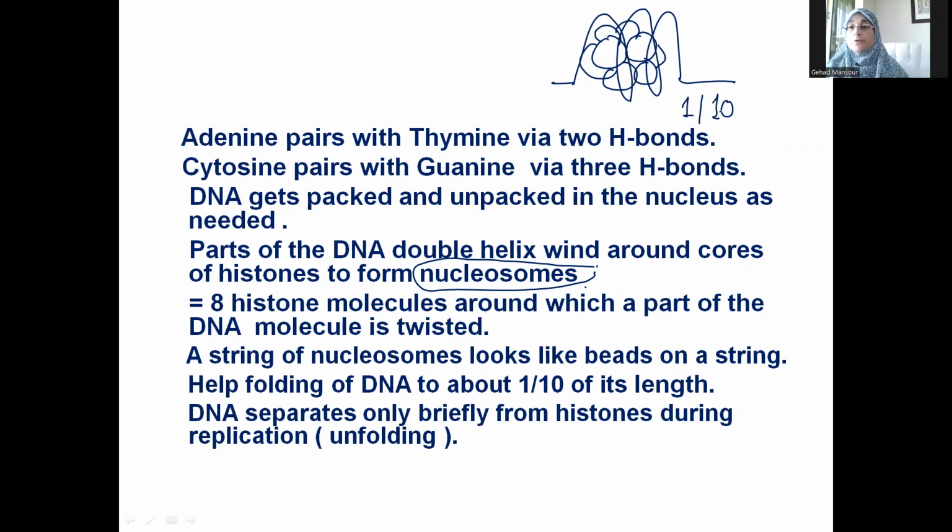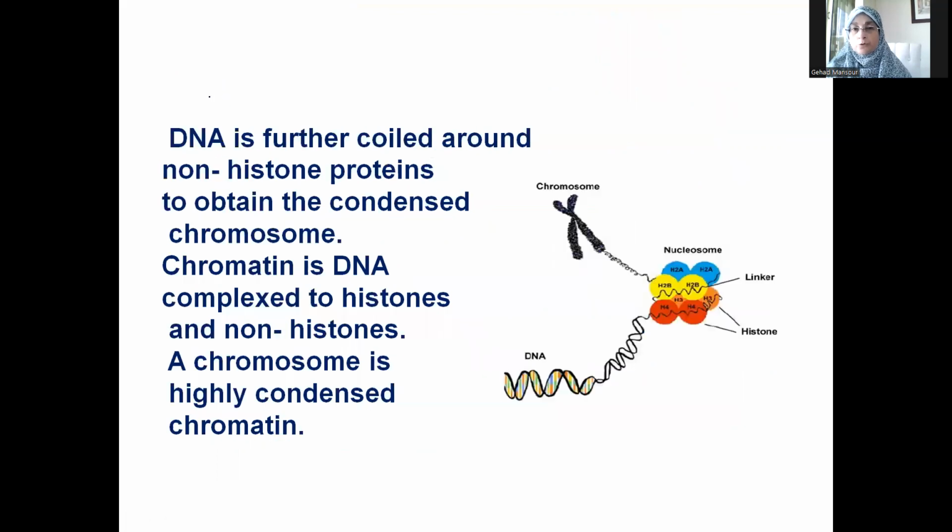But as you know, this is not enough for the nucleus to be able to accommodate the DNA, and there should be further folding around another type of nuclear proteins called non-histone nuclear proteins in order to have the fully condensed chromosome and chromatin.